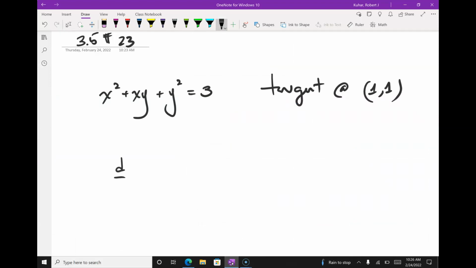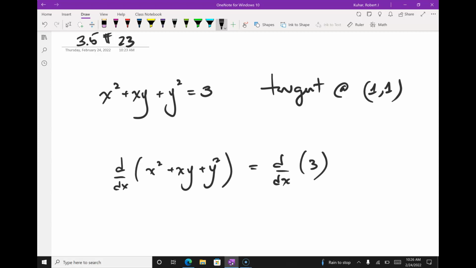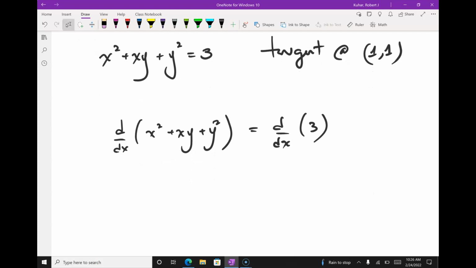I want to do d dx of the left side, and that should equal the derivative of the right side. Derivative of the left should equal derivative of the right. So on the left, I got the first piece right away, right?